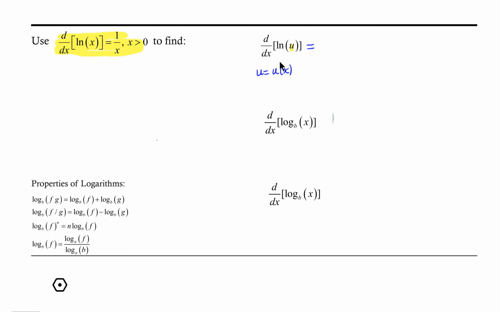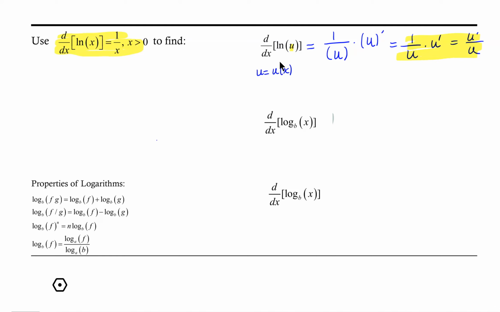So the derivative of the natural log function is 1 over x, or 1 over the inside, or 1 over the argument. And then we're going to multiply by the derivative of that argument. In this case, our argument is u, and so we're going to end up with 1 over u times u prime, which we could also write as u prime over u if you choose. Either one is fine. So that's the derivative of the natural log of u.